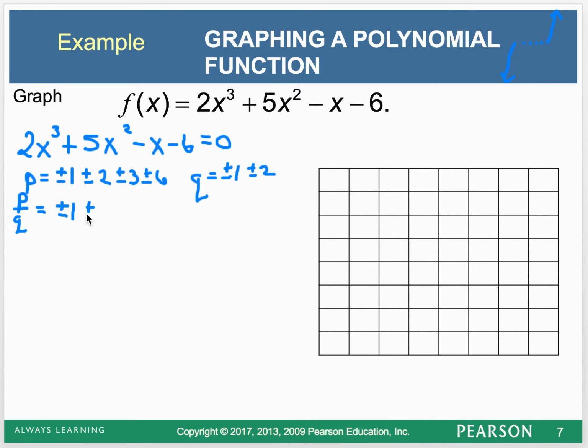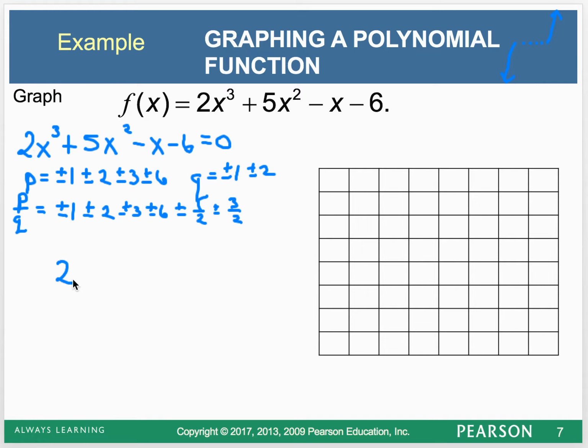So 1, 2, 3, and 6. And then 1/2, 2/2 is 1, so 3/2, and 6/2 is 3.